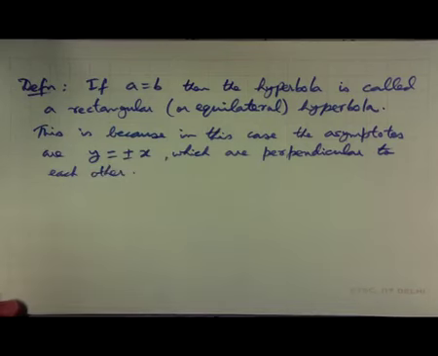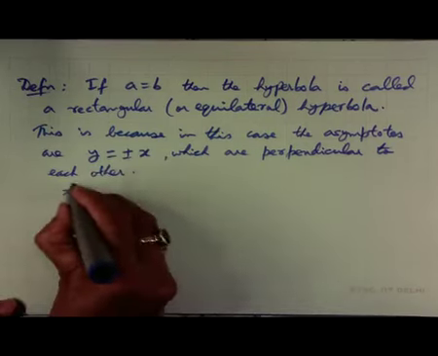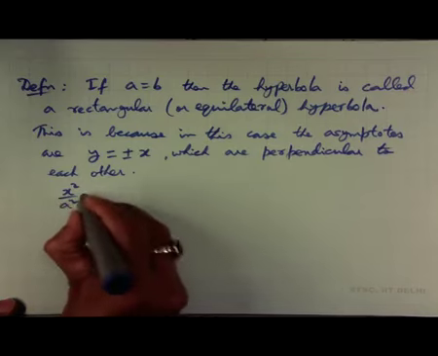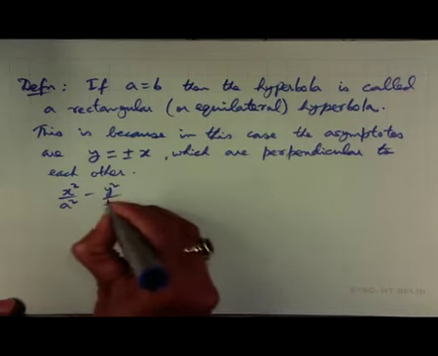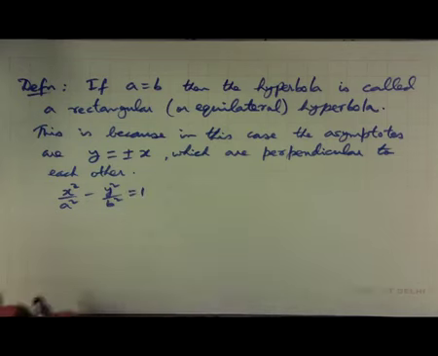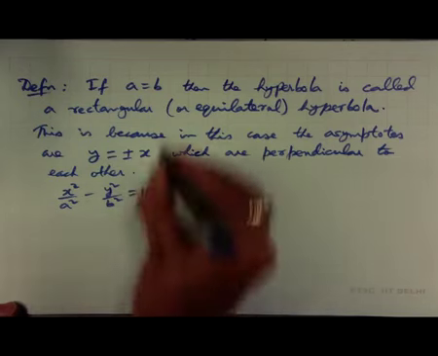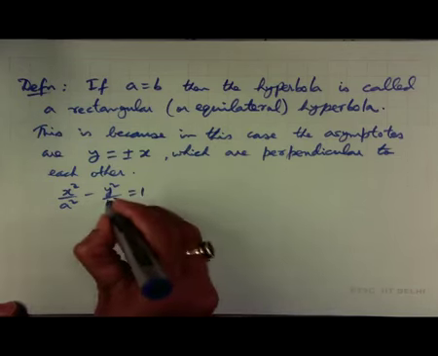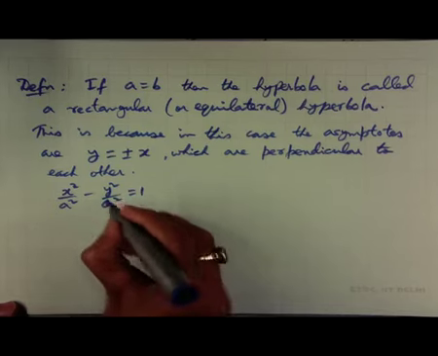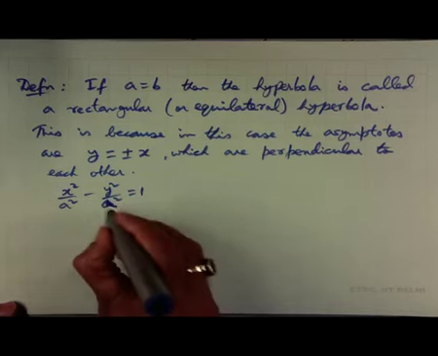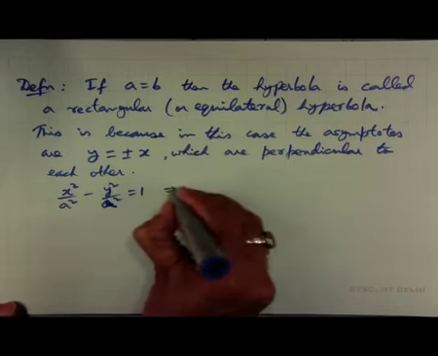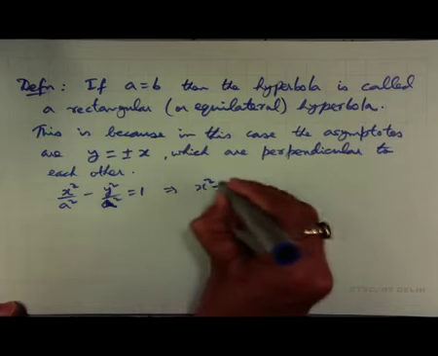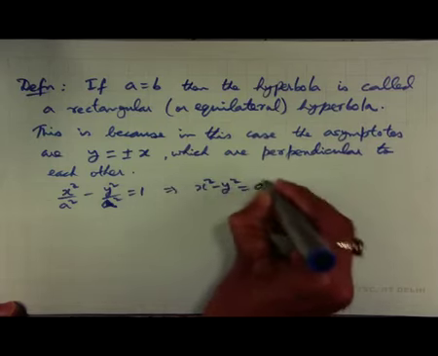So, in this case we have x square by a square minus y square by b square equal to 1, and b is equal to a. So, we have x square by a square minus y square by a square equal to 1, which implies x square minus y square equal to a square.